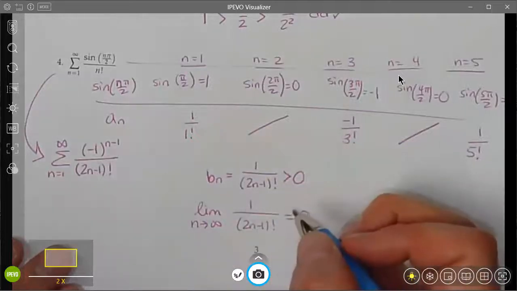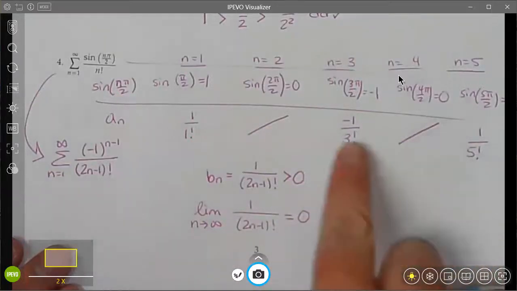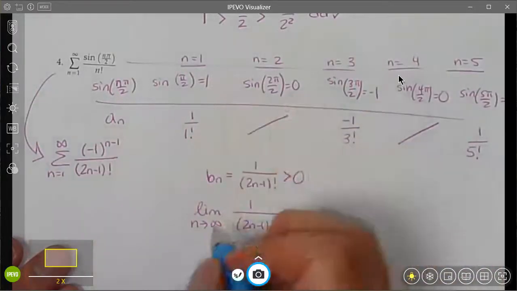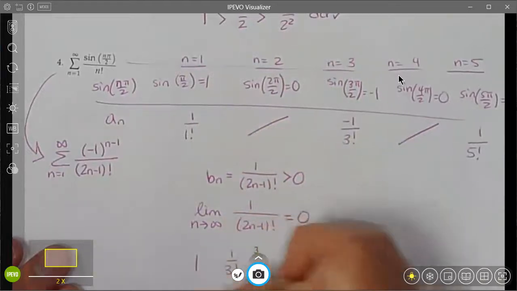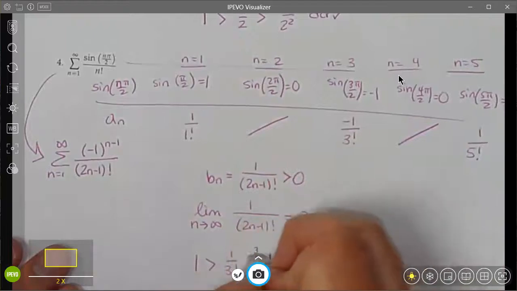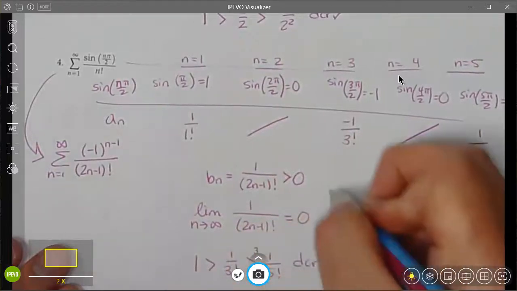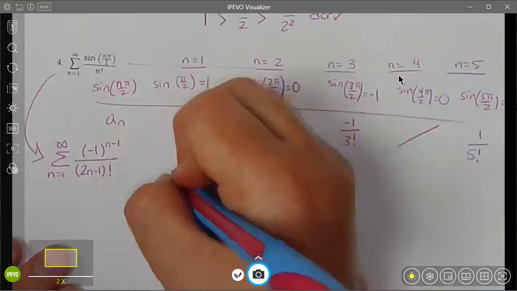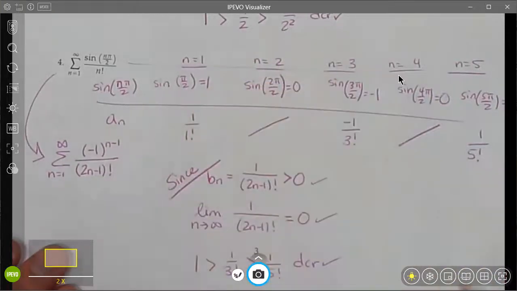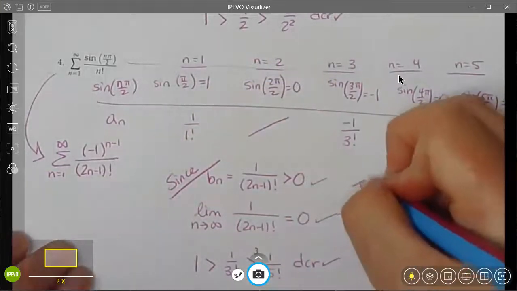And then I need to show it's decreasing. So remember, I stripped off this blinker. So my terms are going to be 1 over 3 factorial, 1 over 5 factorial. And these are getting smaller, so I have decreasing. I have all three of my conditions there. I'm going to put a since out in front of here. And then I'll put a therefore.